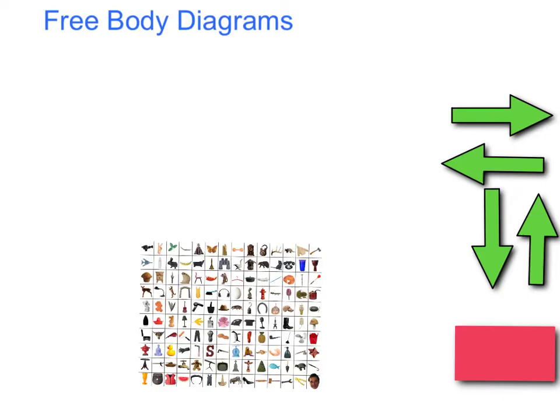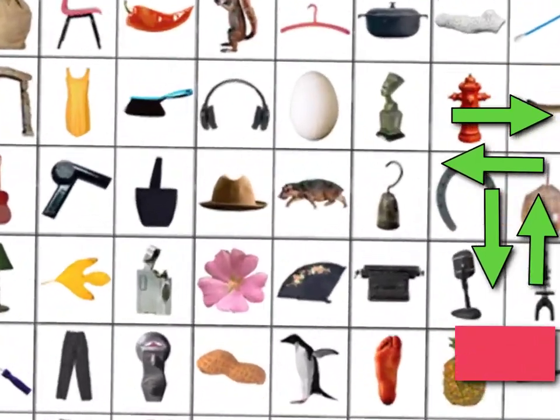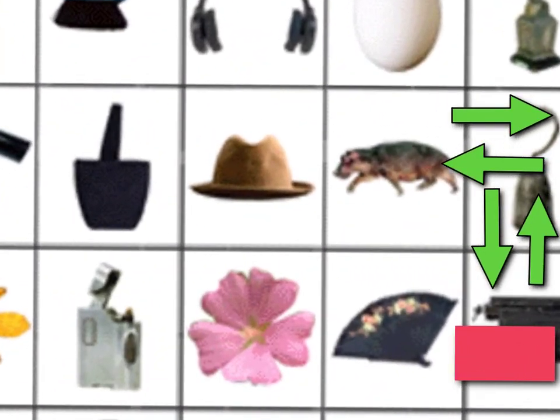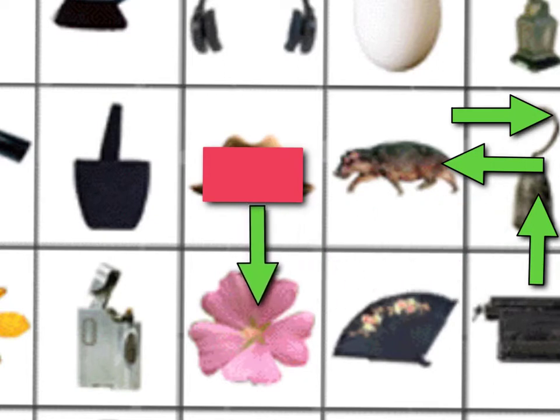Okay, so let's practice just a little bit. Let's get any of these objects. Okay, let's get this hat. So I'm going to represent the hat with my box. The first force, never forget it, is going to be gravity.